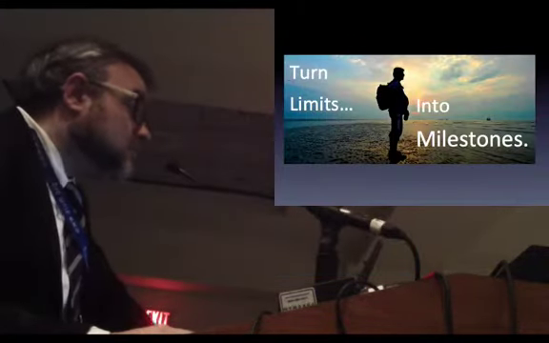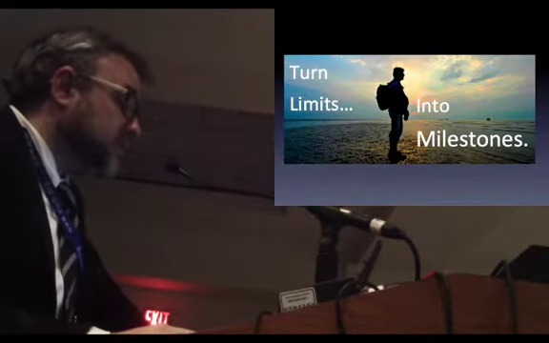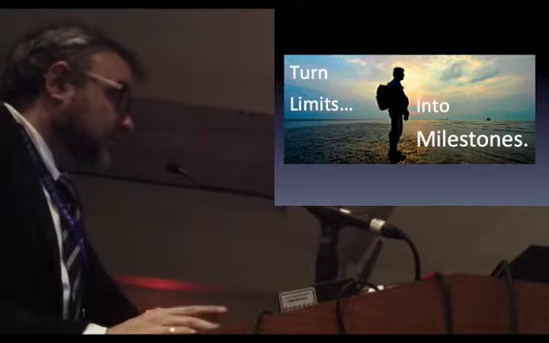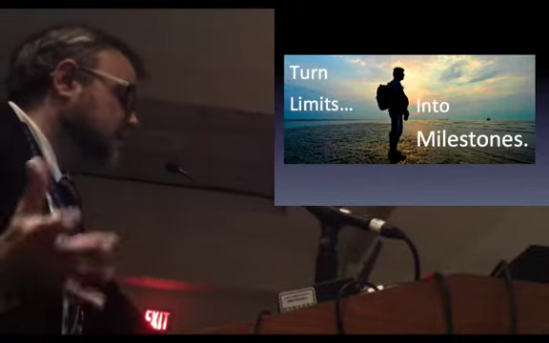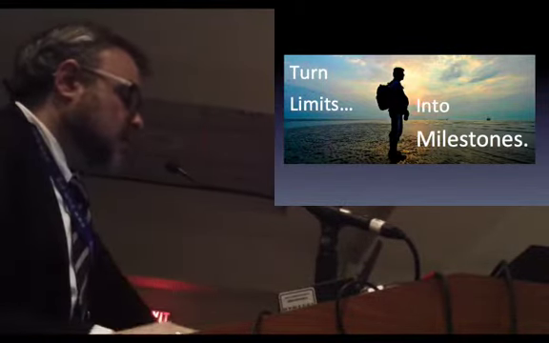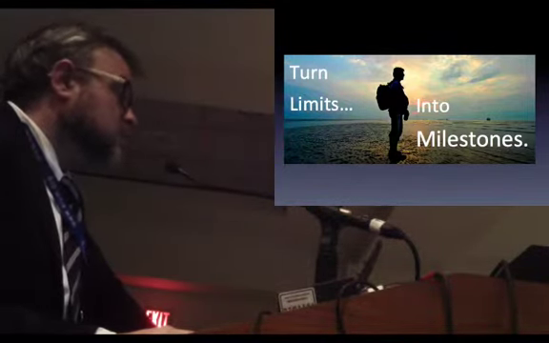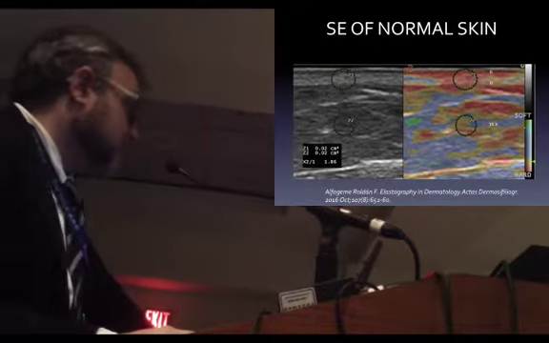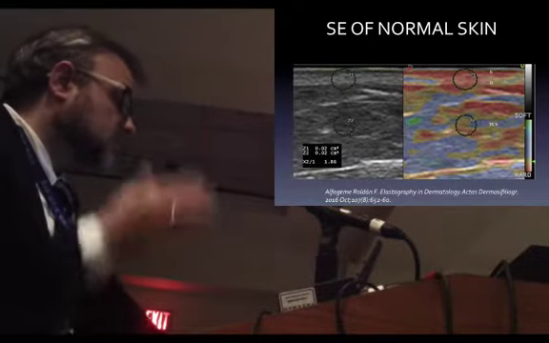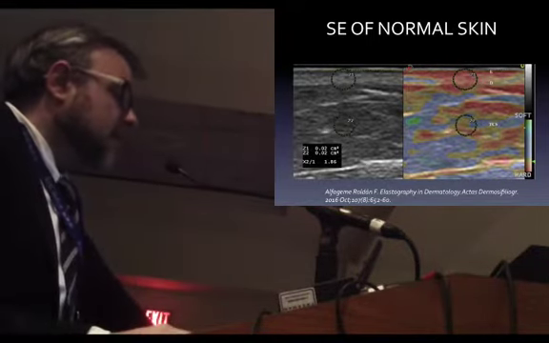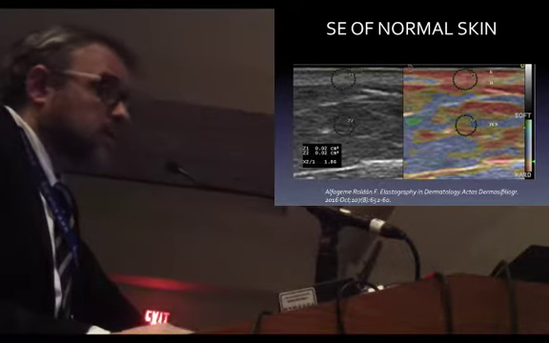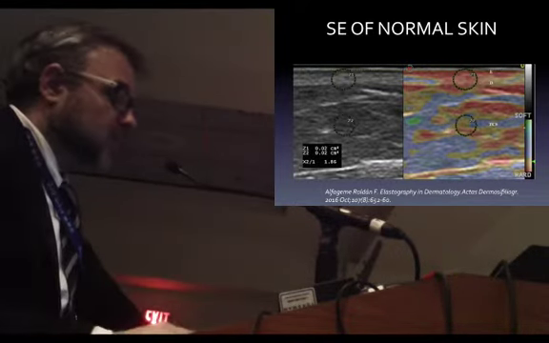The first milestone is to know how we see the skin when we perform elastography. This is the common elastogram when we see the skin. In general, when we see collagen structures, collagen tends to be hard in comparison to fat. The dermis, as Dr. Bosman has said, is mainly collagen structure. Then it is usually hard.